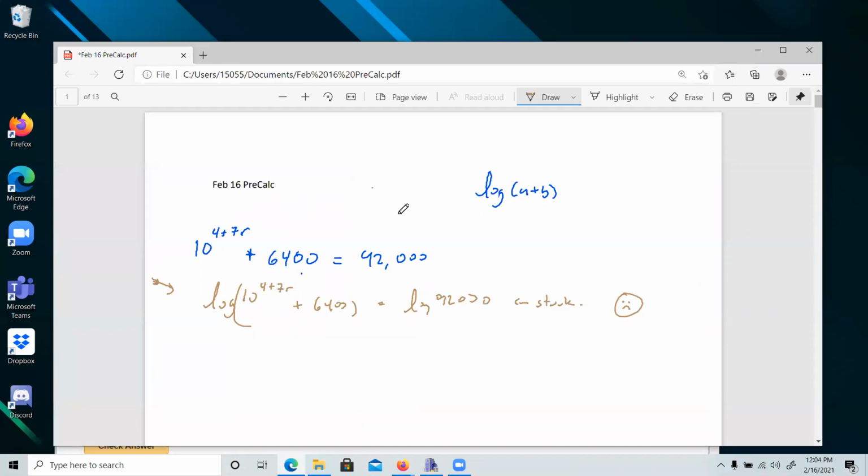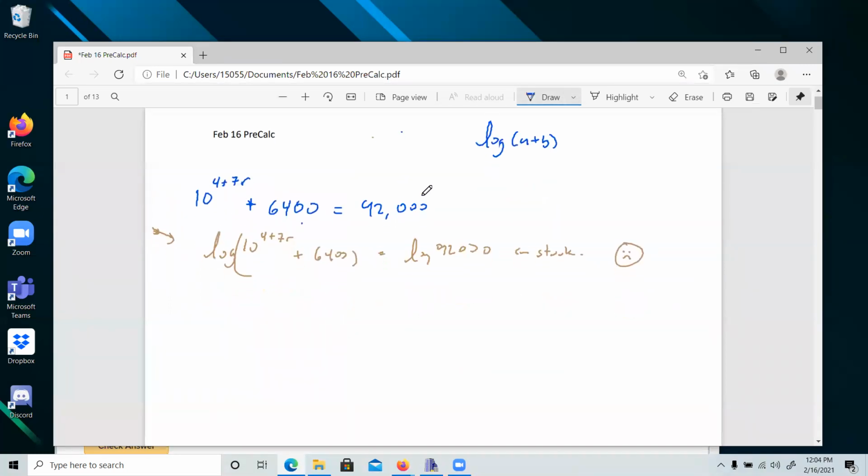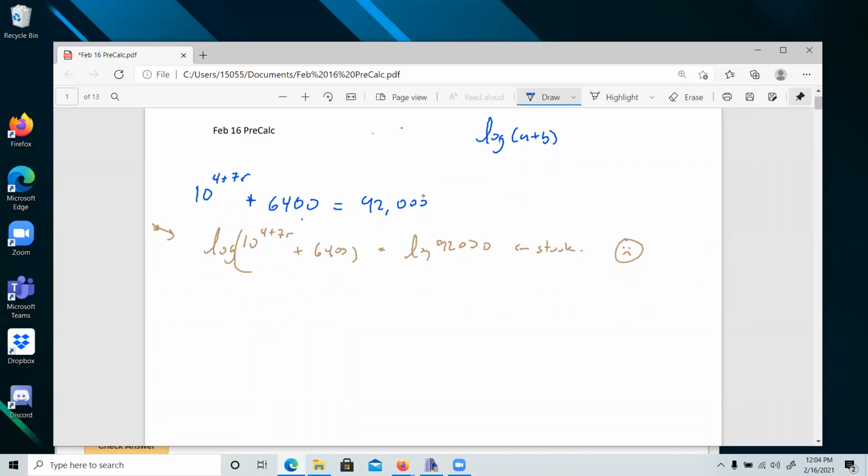So what we do have to do is get all of the non-log stuff on one side. So we are going to take our 10 to the 4 plus 7r plus 6,400 equals 92,000. Is it 6,400 or 64,000? 6,400.